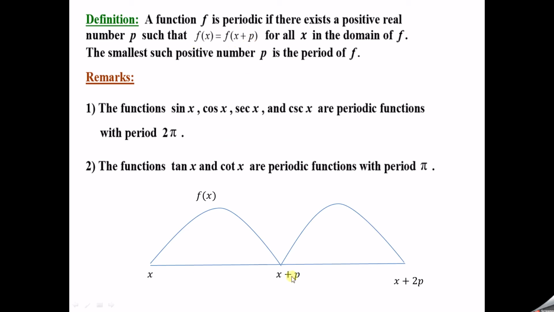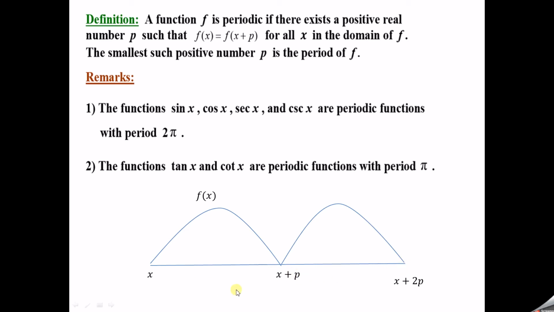Here you see this one, x, the function value at x is 0. Again, if we change the x value by a length of p, at x plus p the function value is again 0. That means the function value is same at x and at x plus p. Similarly, the function value at x plus p and x plus 2p is the same.